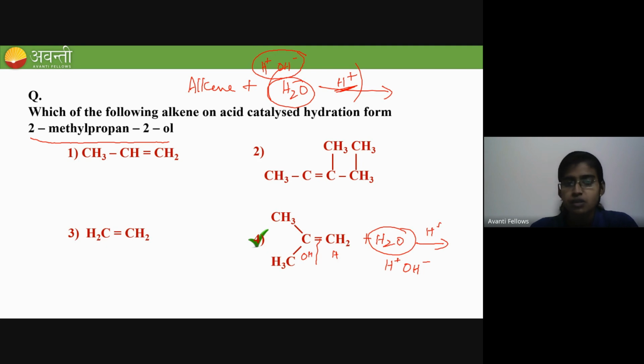So this is the compound which will lead to CH3, CH3, OH and CH3. So this is the final product, right? Now 1, 2, 3. So to the second carbon we have a methyl group. So it is 2-methyl propan-2-ol. So option 4 leads to the given compound. So option 4 is the answer.